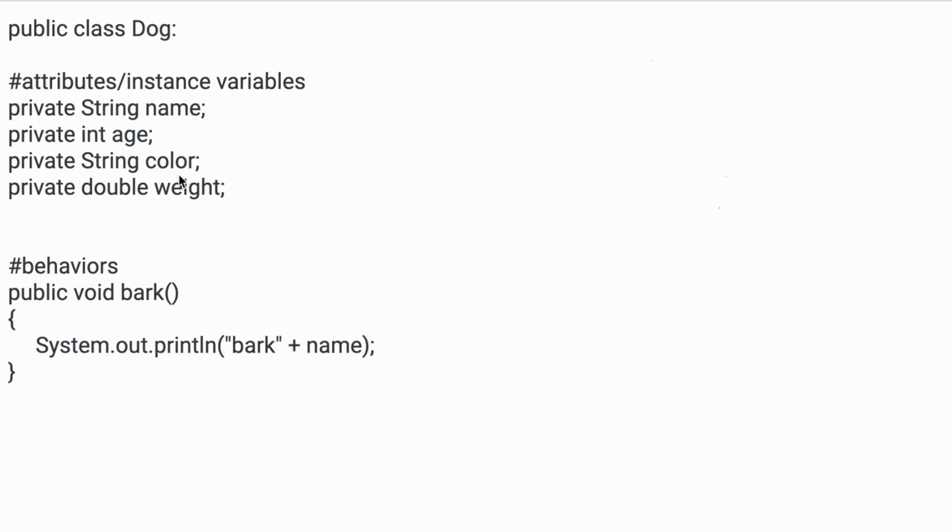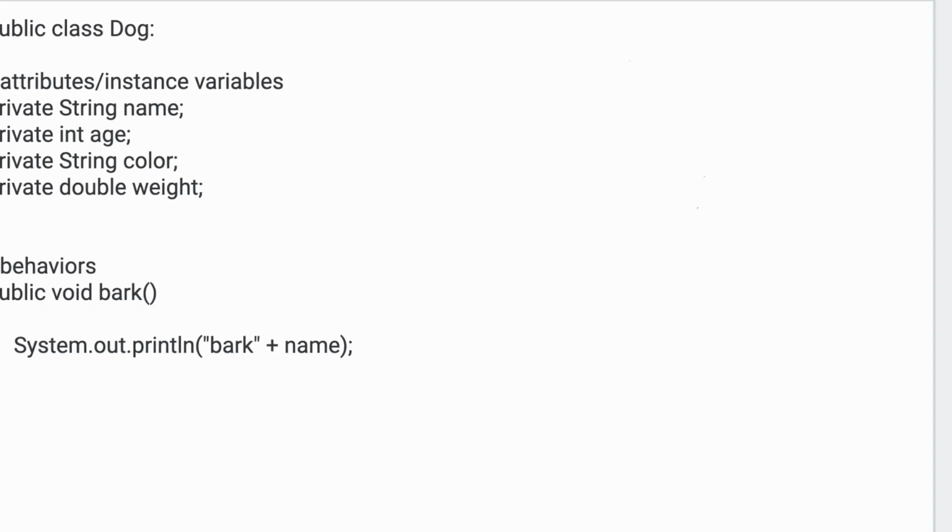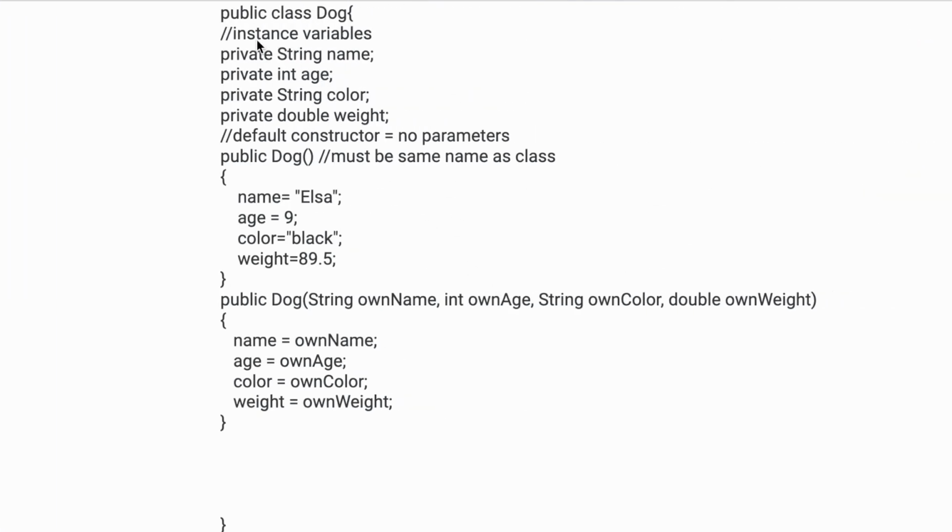So you'll notice here, though, I have given no initial values. I haven't given my dog a name. I haven't given my dog an age or a color or weight. And so when you set up a class, you leave these blank until you get to a very special method called a constructor. So here at the top, I still have those instance variables, right?